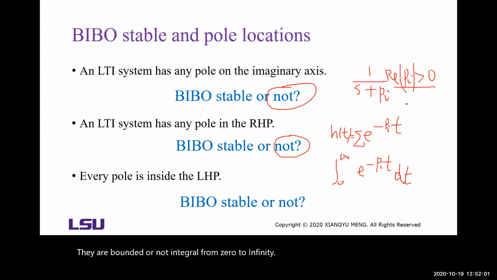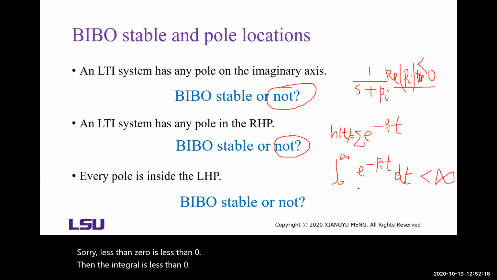You can verify that if the real part of p_i is greater than 0, then the integral from 0 to infinity is less than infinity. Then we know the system is BIBO stable.